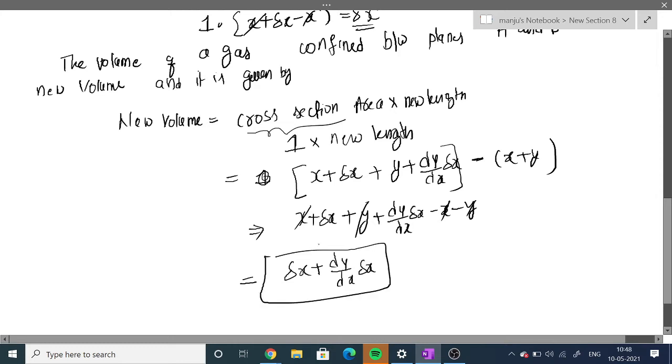This is the new volume. So we have the original volume as delta x, and the new volume is delta x plus dy by dx into delta x.